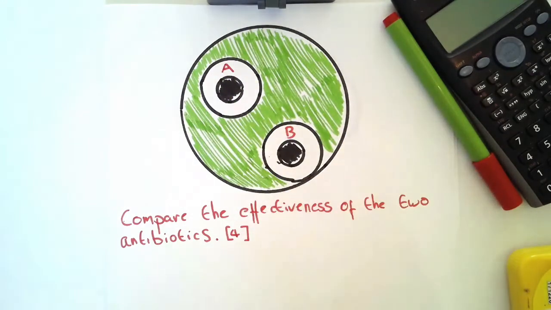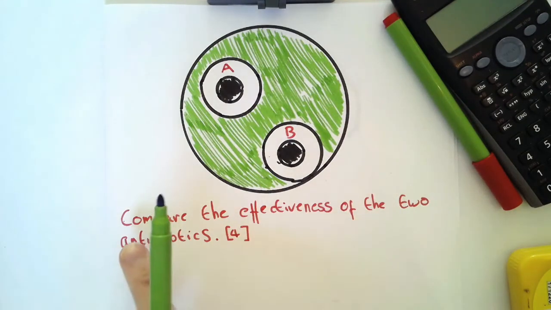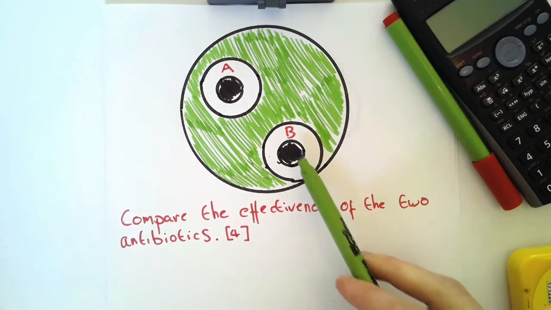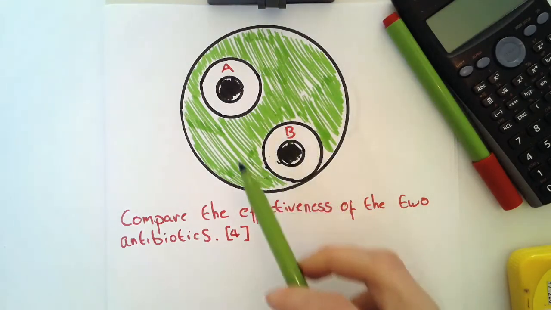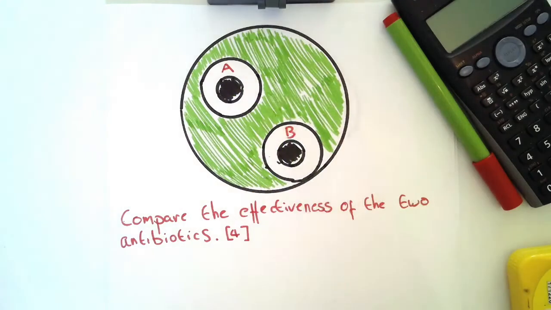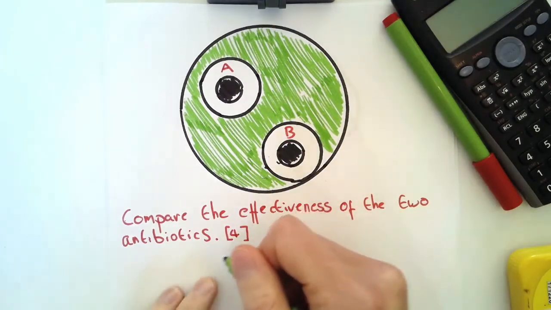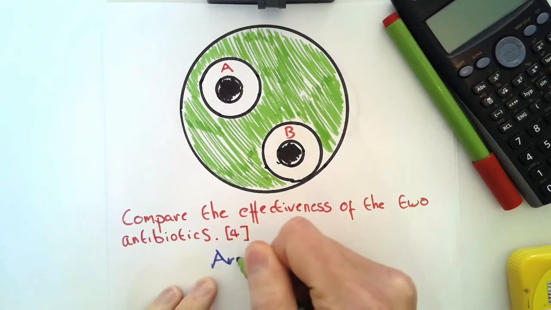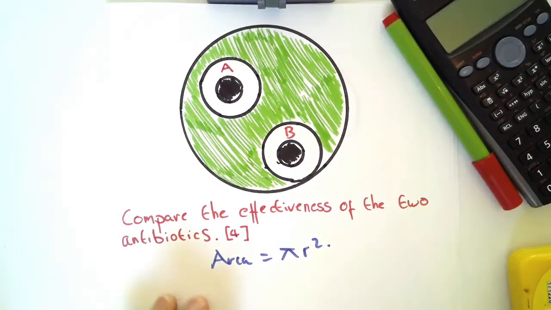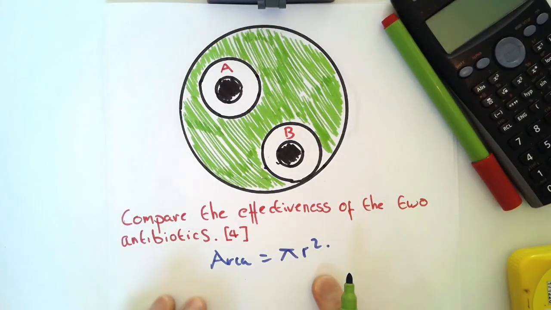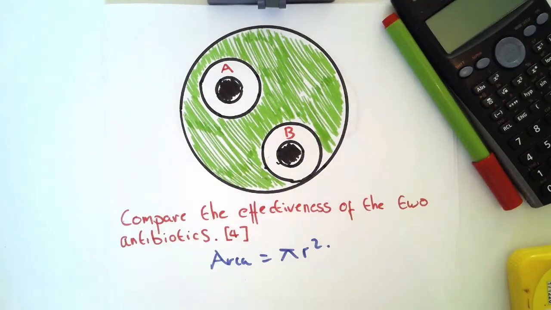It will normally be labelled, and it might give you a little bit of preliminary talk about it, but the important thing is it will say compare the effectiveness of two antibiotics, which are A and B here, and it's just about really knowing that that means you need to calculate the clear zone, so calculating the area of this circle. So you get a mark for saying area equals pi r squared. So I know it's not maths, but you still get a mark for doing that, and it's worth doing that because if you go a bit wrong up here, you'll get some extra marks.